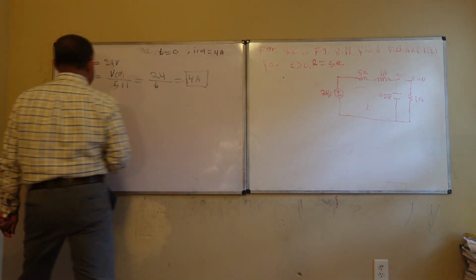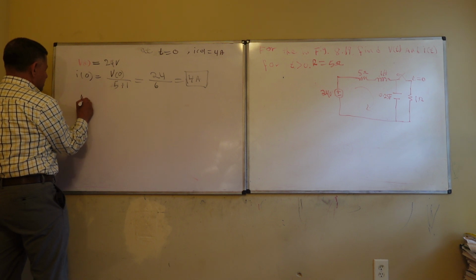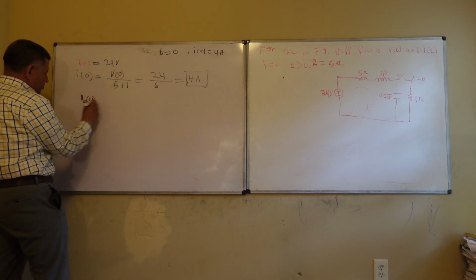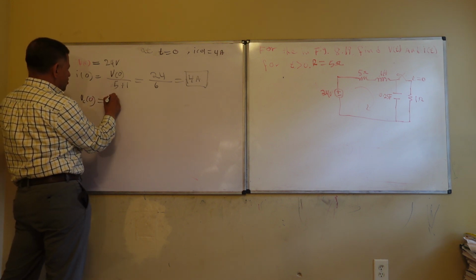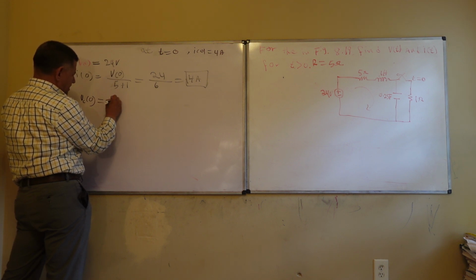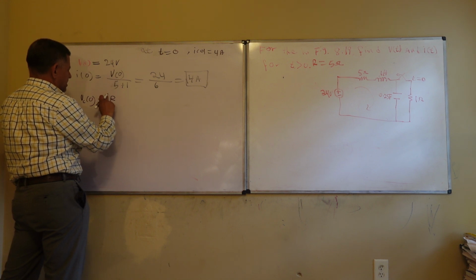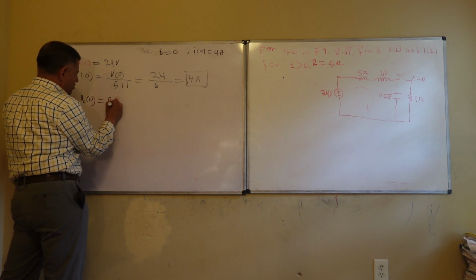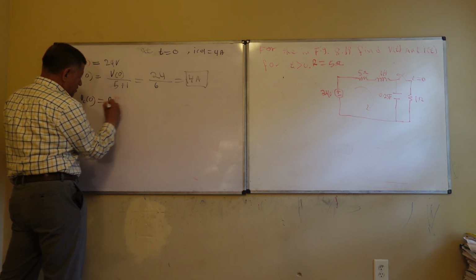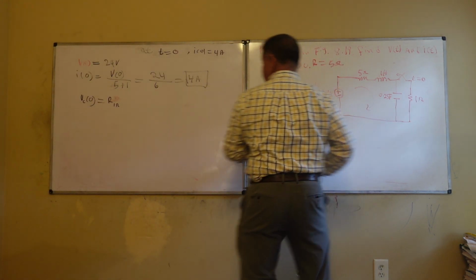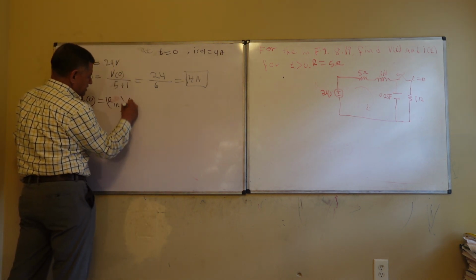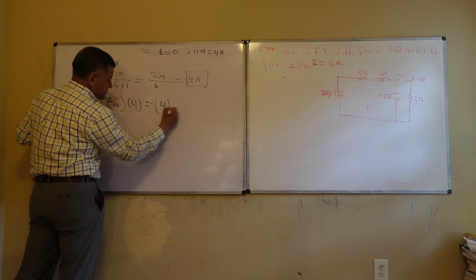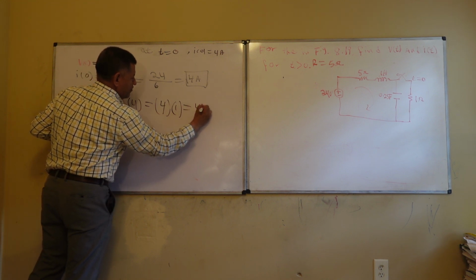So we can say that V of capacitor at time equal 0 is equal to R, 1 ohm, times the current, which is 4 amps times 1, which is equal to 4 volts.